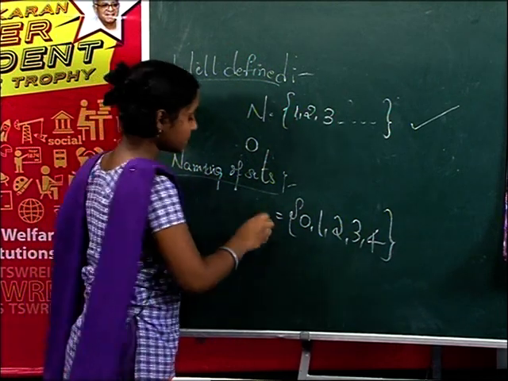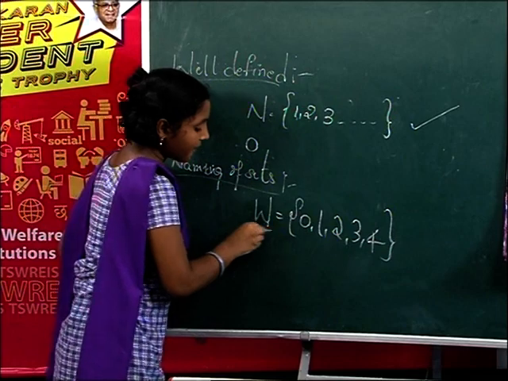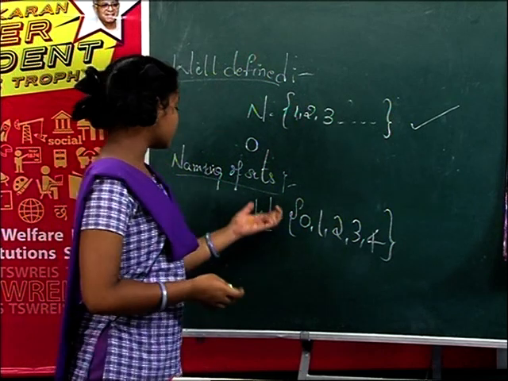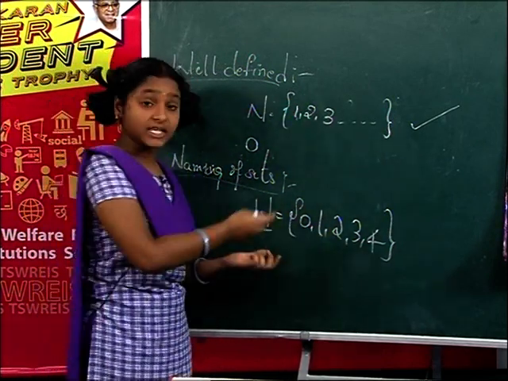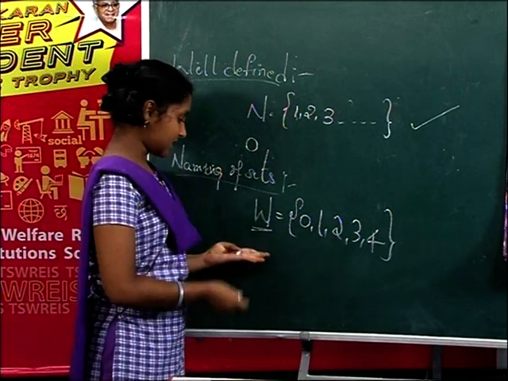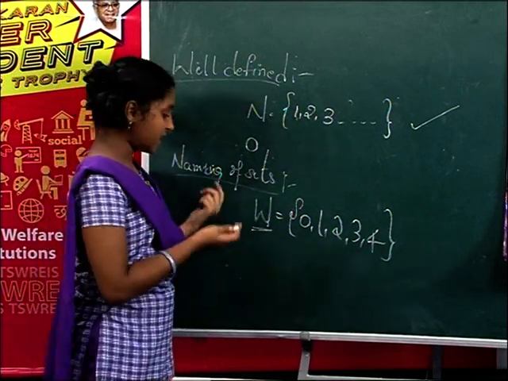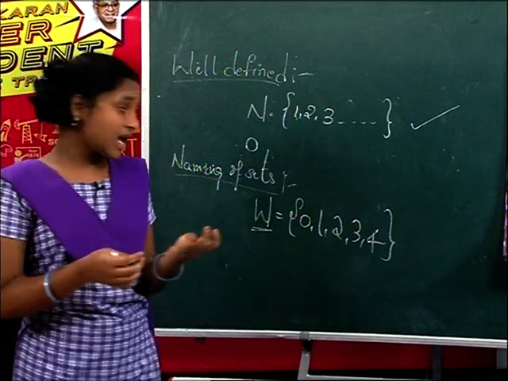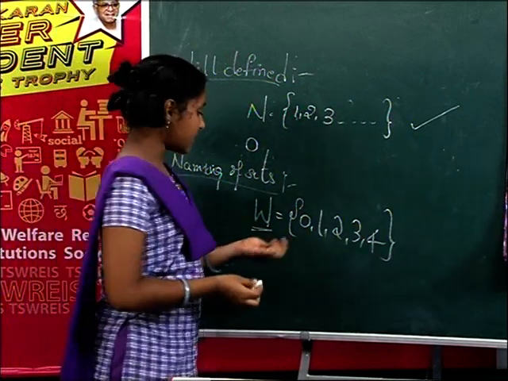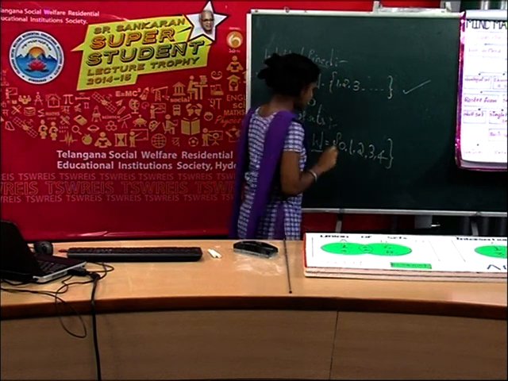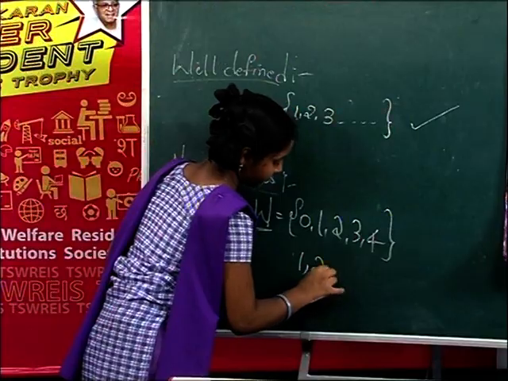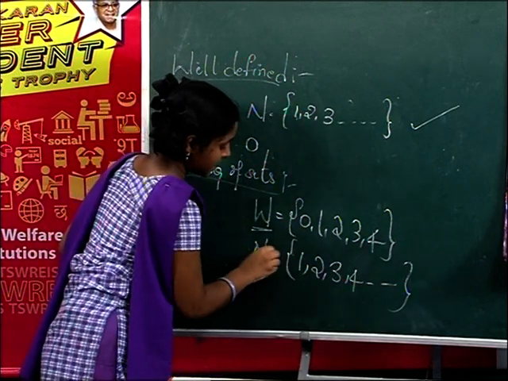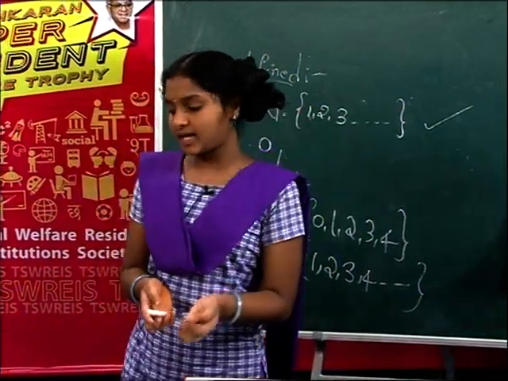Whole numbers are denoted with W, and it must be an uppercase letter, that is, a capital letter. Definitely if we denote a set, it should be an uppercase letter. The set of natural numbers we will denote with capital N.